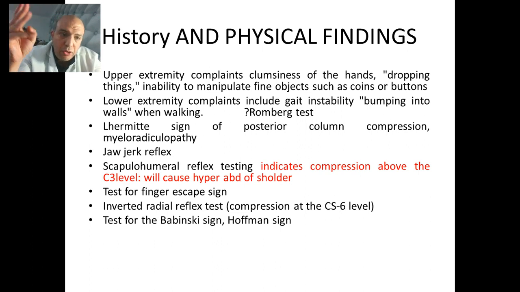So you need three components normally, but you can manage with two components. So if you have damage in the posterior column in cervical myelopathy, you can still walk steadily.